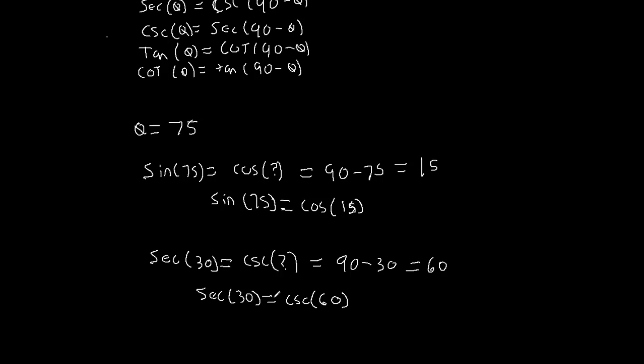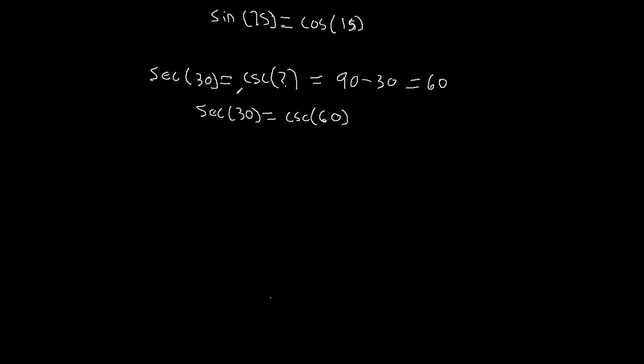Let's say we have the secant of pi over 4 is equal to the cosecant of what angle? Now all of a sudden we're dealing with radians. You have to remember that for radians, this relationship is pi over 2 minus pi over 4. To do this, we have to make them have the same denominator.